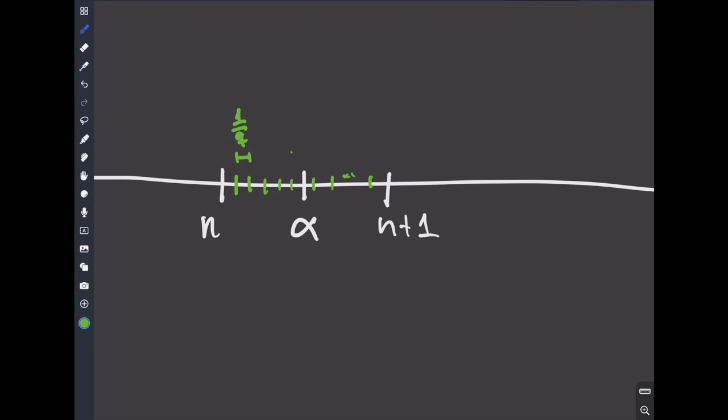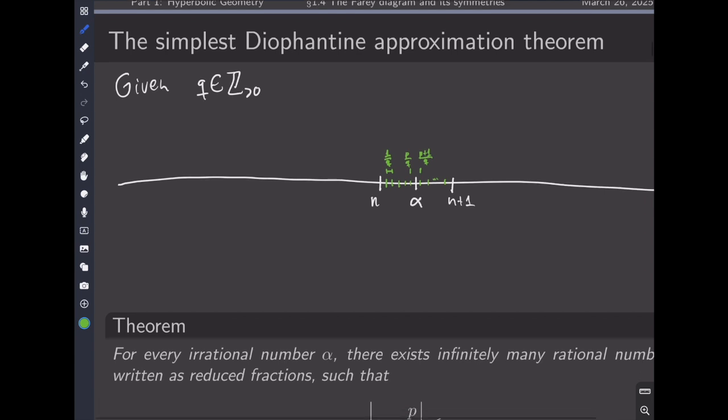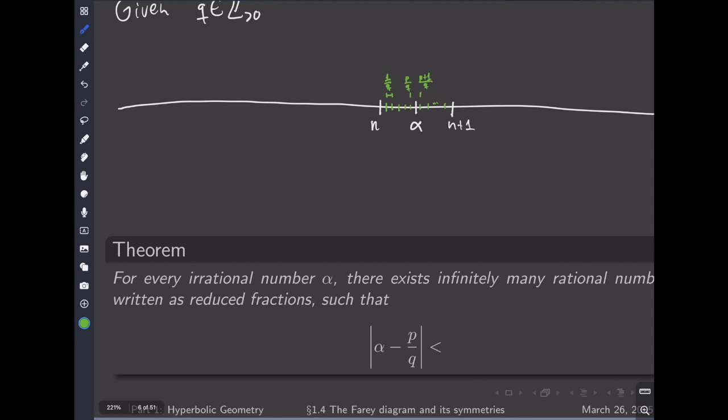And so let's say p divided by q, and p plus 1 divided by q. But the fact that it's between the two of them means that one of these two is at a distance less than 1/2 of 1 over q from alpha.